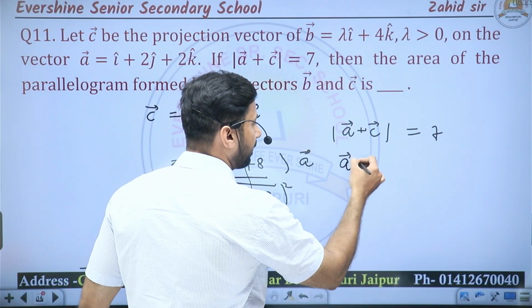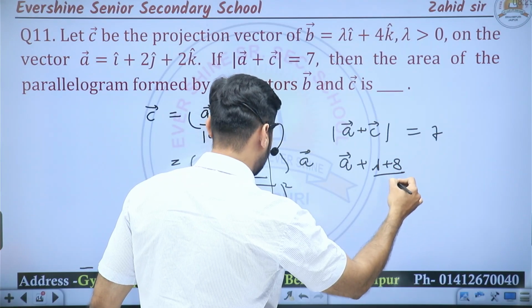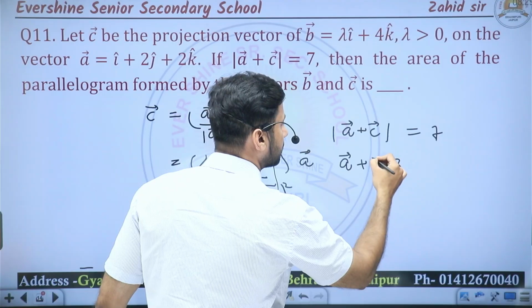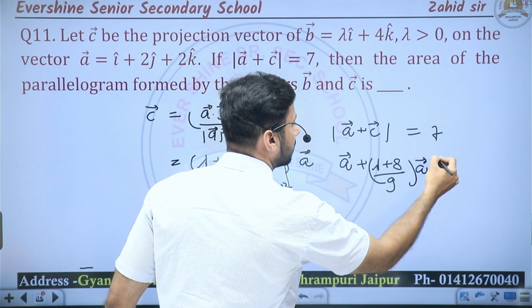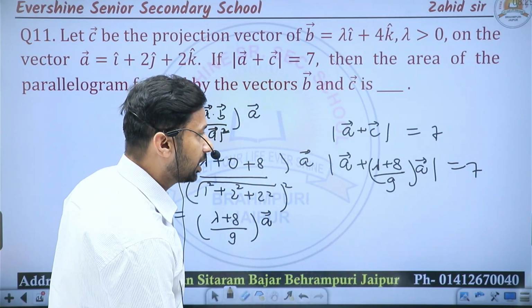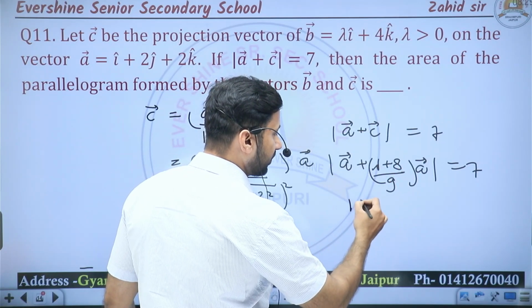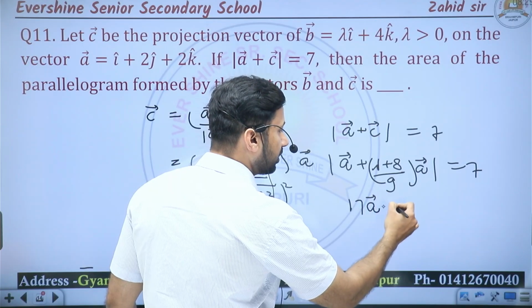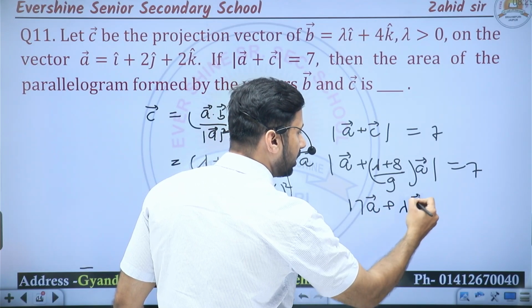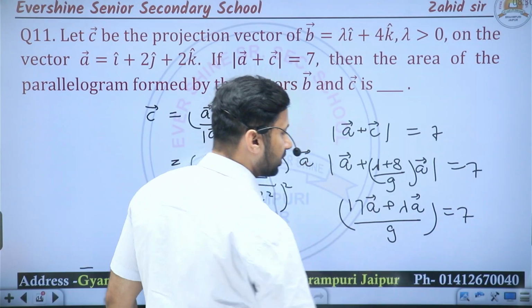So A plus lambda plus 8 upon 9 into A, magnitude equal to 7. Now if I simplify it, it will be 9 plus 8, 17A plus lambda A upon 9 equal to 7.